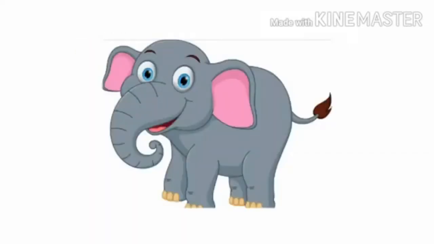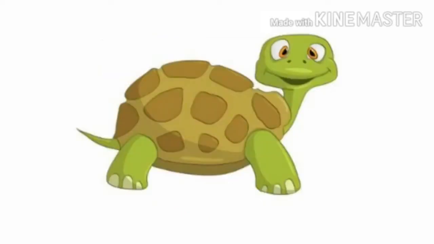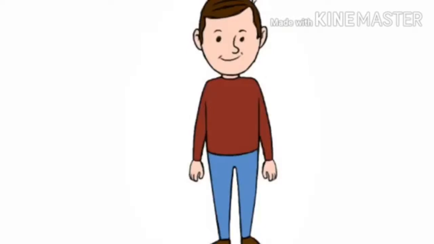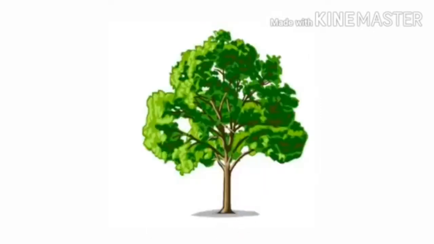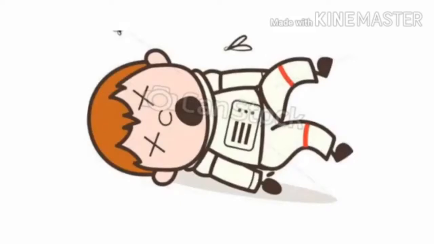And some like elephants and tortoises live for 60 to 100 years or more. The average lifespan of a man is 70 to 80 years. Trees also live for many years. But non-living things do not die.